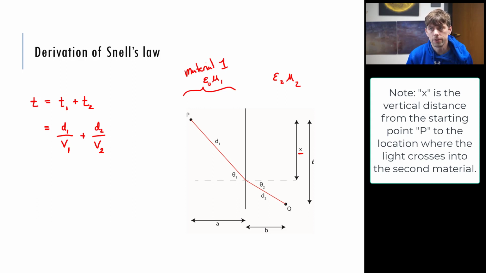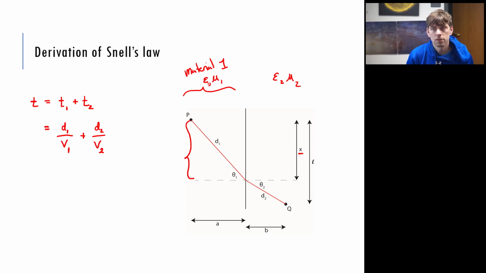First of all, we see that x, as labeled on the figure, is simply the vertical displacement in material 1, and then I have some distance a. So I can rewrite d1 as being the hypotenuse of a triangle, which has a height of x and a width of a. And of course, the Pythagorean theorem tells us that we should have a 1/2 power in here.